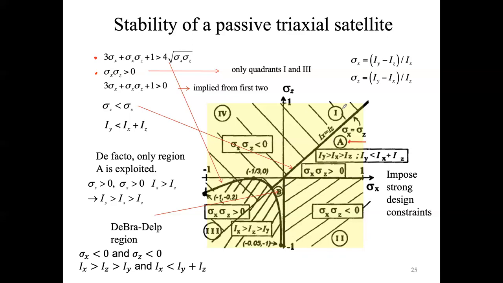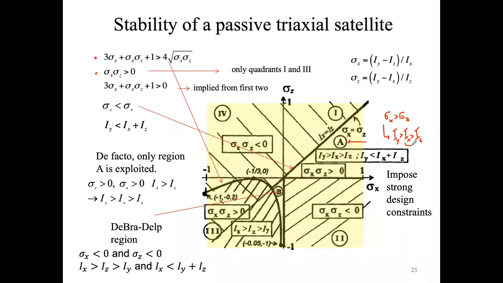As we are going to see in the exercise in MATLAB, what you're going to have is that basically the stability that you need to have here, so that the sigma x, for example, has to be greater than sigma zeta, gives you the relationship that Iy has to be greater than Ix, that has to be greater than Izeta.